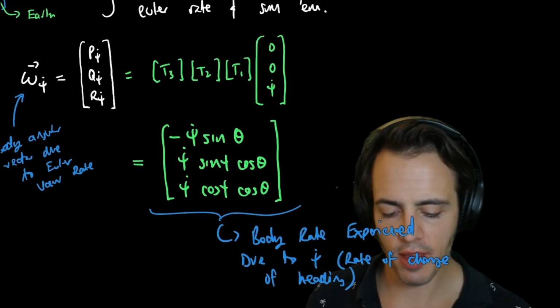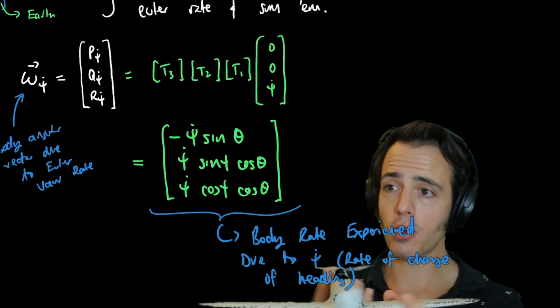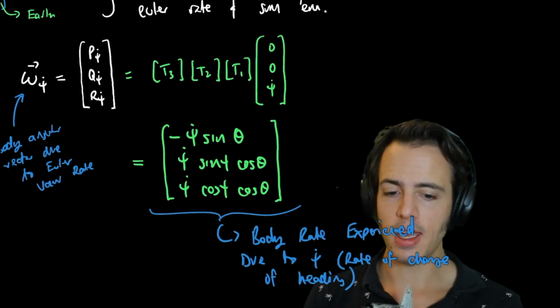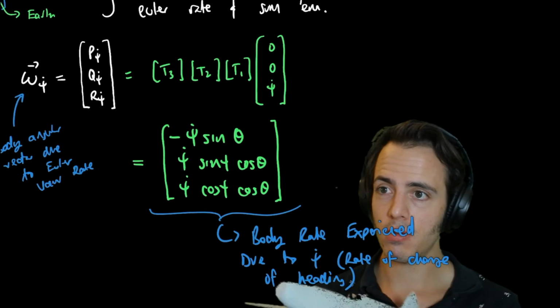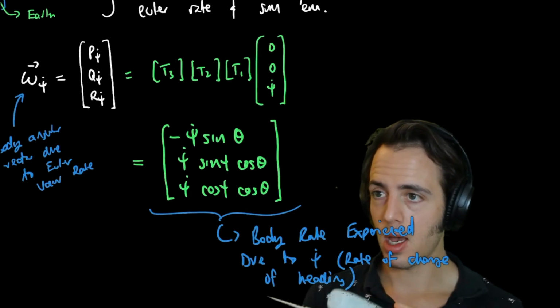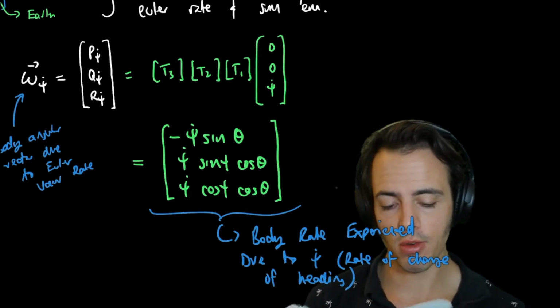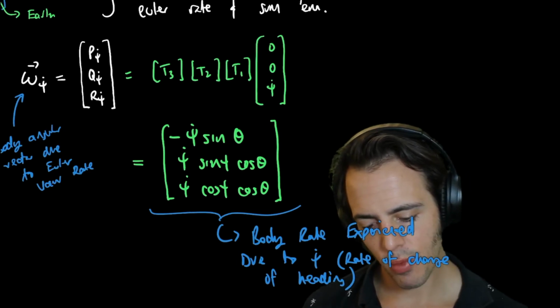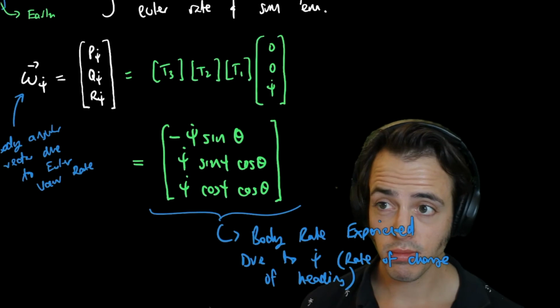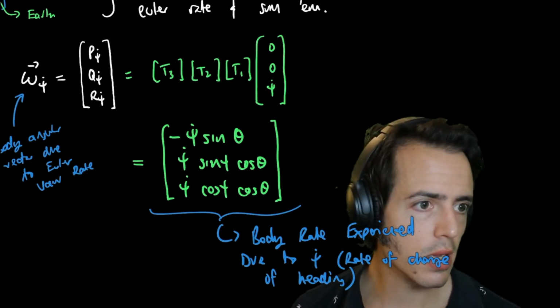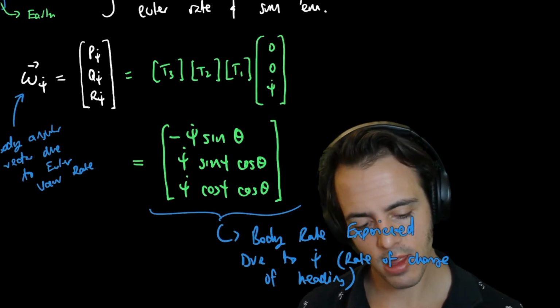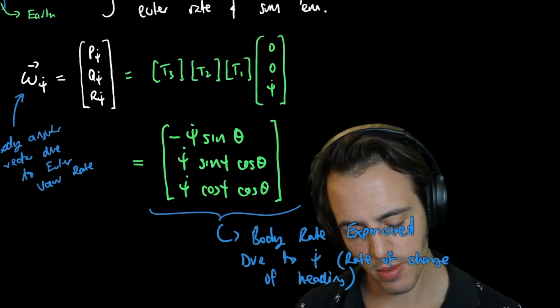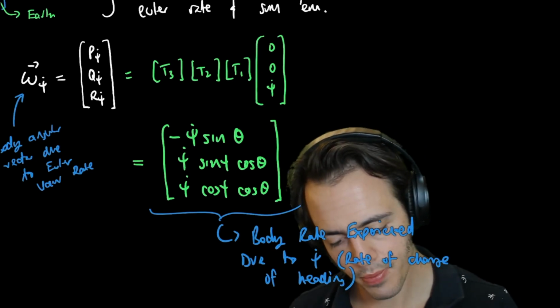Okay, so let's think about whether this makes sense or not. So heading is effectively the orientation of the body axes within Earth axis, so it's where the aircraft body is pointing. So let's think about if this makes sense. If we've got no pitch, then these bottom two terms go to 1.